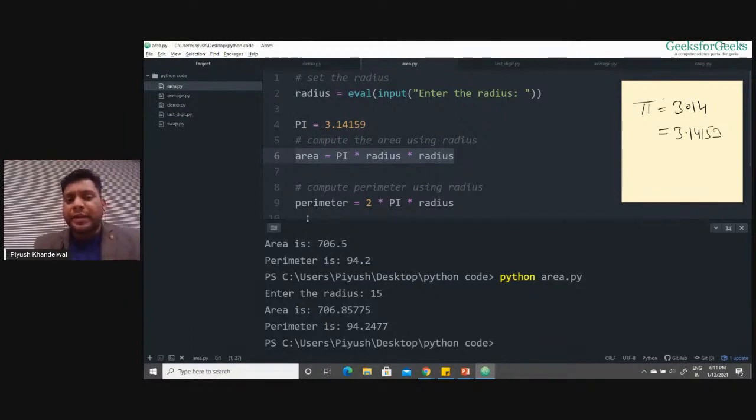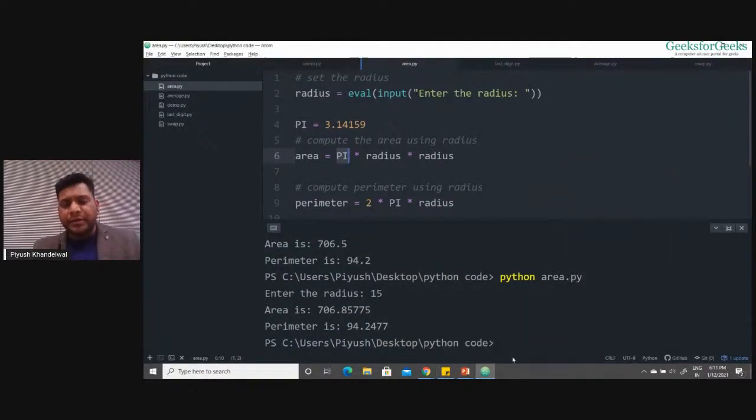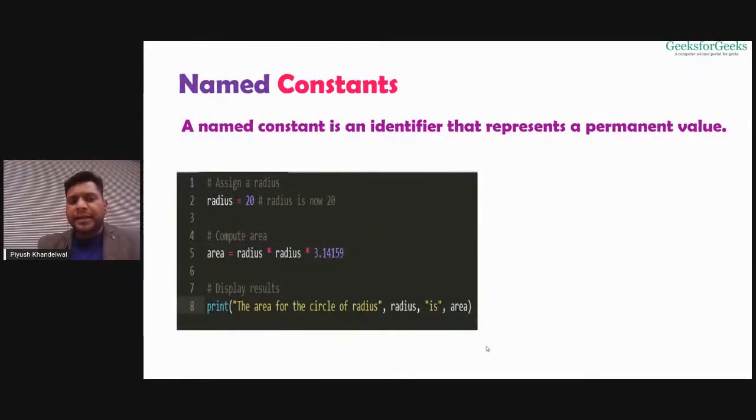So these types of variables whose names we generally write in all uppercase are called named constants. We just provided a name to our constant, that's why they are called named constants. I hope you got this. So this is a named constant, how we are going to use them, and I also told you why we need to use them, right?